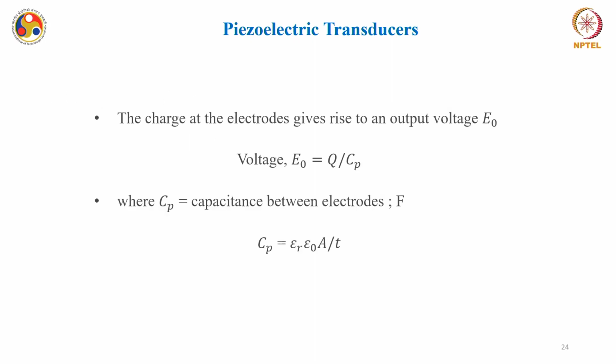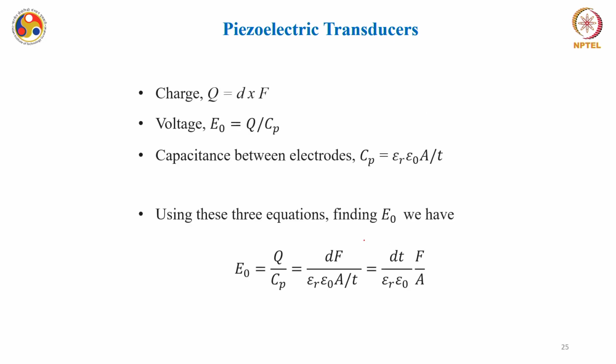Cp, as I have mentioned, is the capacitance between the electrodes, and it can be simply written as epsilon R epsilon naught A by T. This is a simple parallel plate capacitor. I am calling this equation 12.